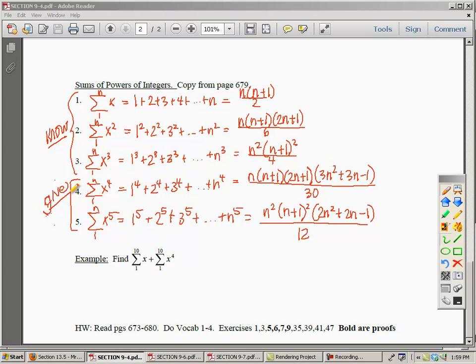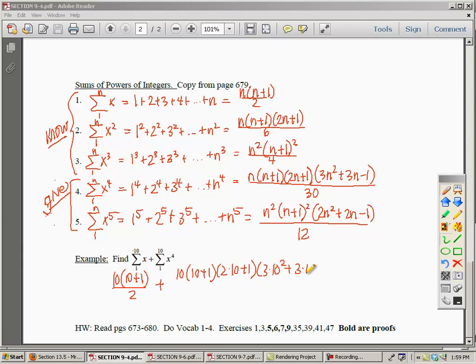But let's talk about how to use them, and I think you're probably good with this. I use the x formula, and instead of n, I'm going to put 10 in, right? So 10 times 10 plus 1, all divided by 2. And I use it in the 4th power, 10 times 10 plus 1, times 2 times 10 plus 1, times 3 times 10 squared and so on.